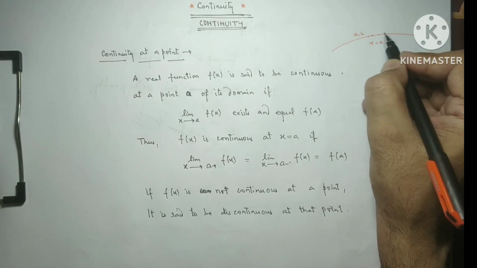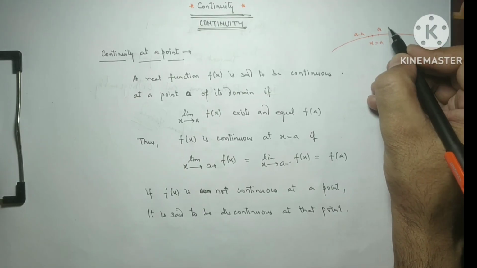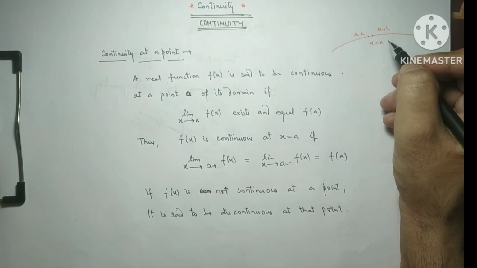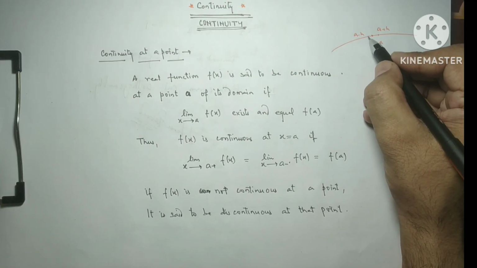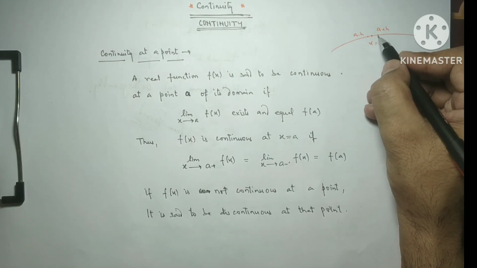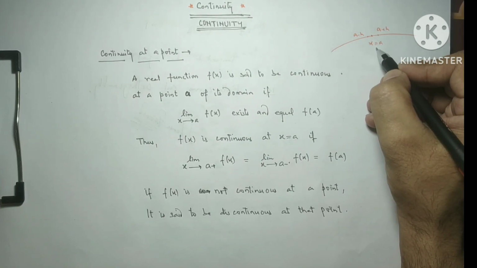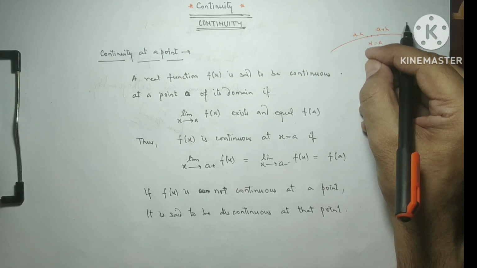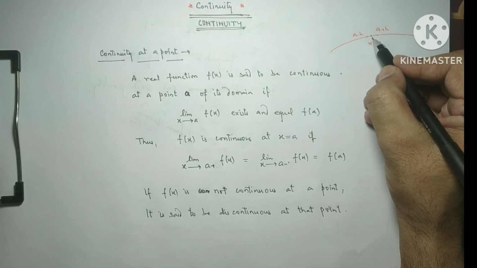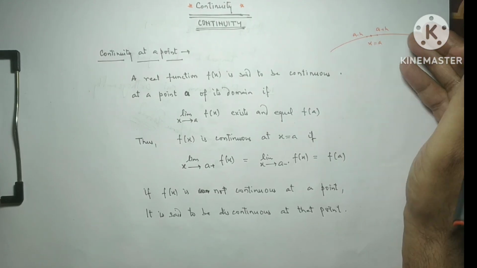a minus h and slightly more, that is a plus h, if the function has the same values on these three points, at the point, at the left of the point a slightly lesser value, and a slightly more value on the right hand side.